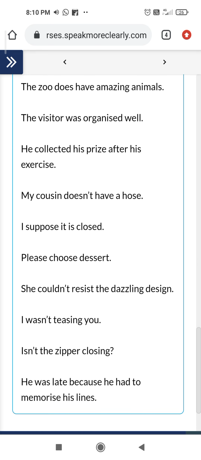The zoo does have amazing animals. The visitor was organized well. He collected his prize after his exercise. My cousin doesn't have a hose.